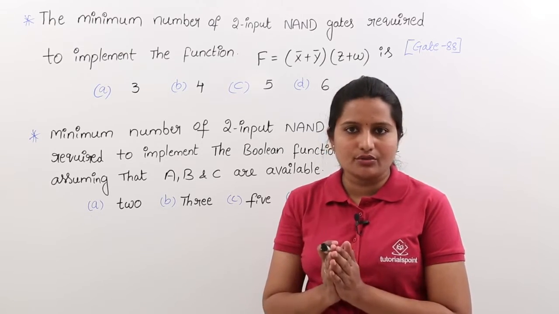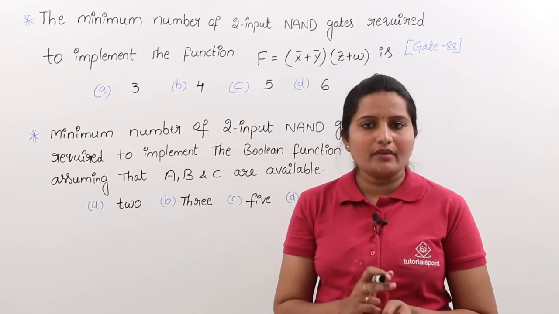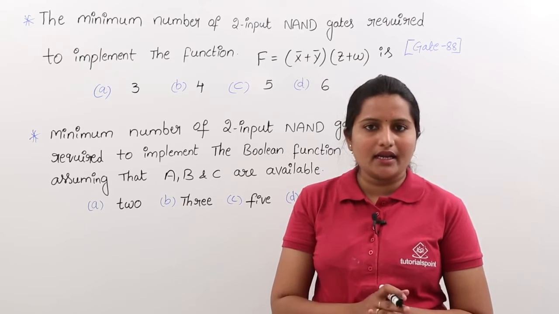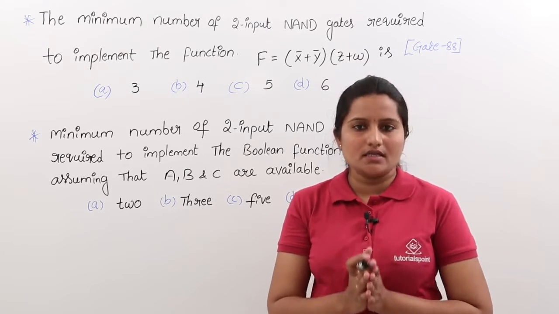To implement an n input NAND gate, 2n minus 3 is the formula, and to implement an n input AND gate using 2 input NAND gates, 2 into (n minus 1) is the formula.